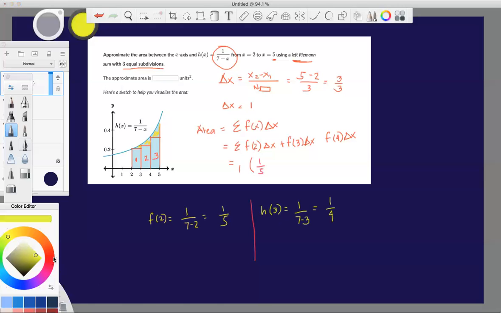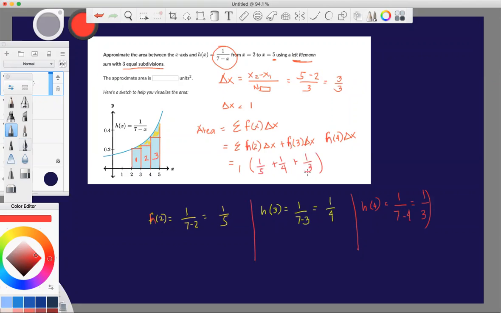So that's plus 1 over 4 plus, okay, h of 4. This one should be all h. That will just be 1 over 7 minus 4. And that will just give us 1 over, guys, 3. So therefore, we now have 1 over 3.